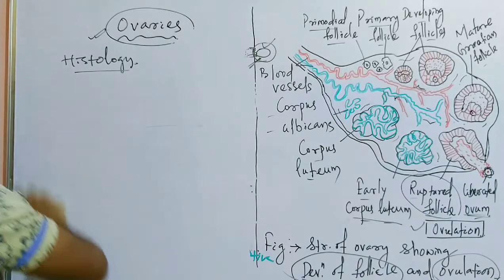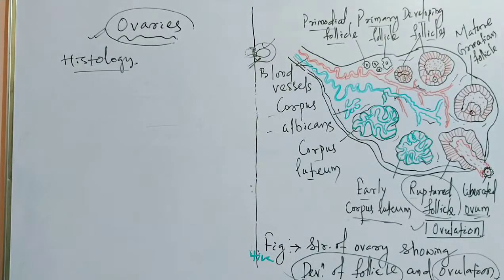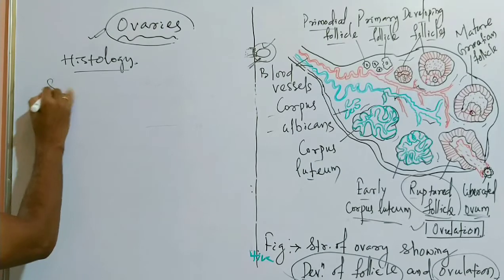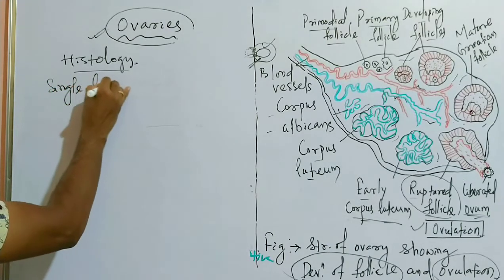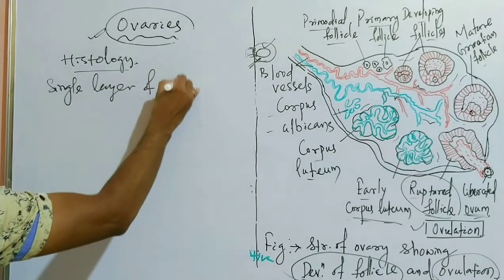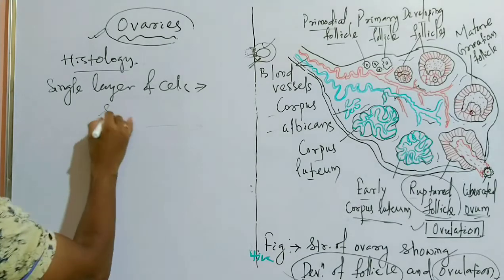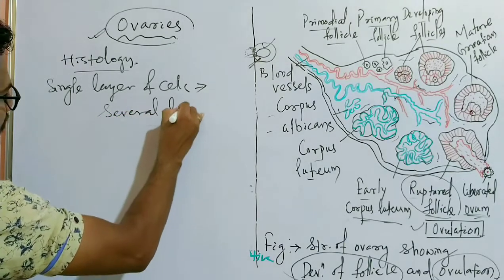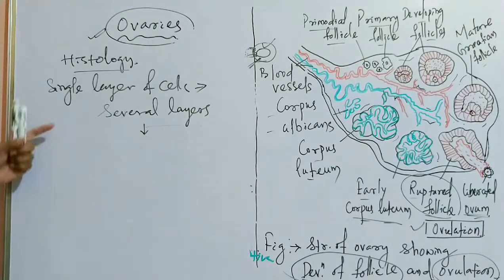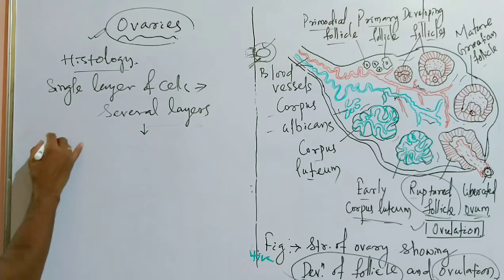The follicle is surrounded by a single layer of cells in the initial stage, and gradually they form several layers, which we call the granulosa cells.